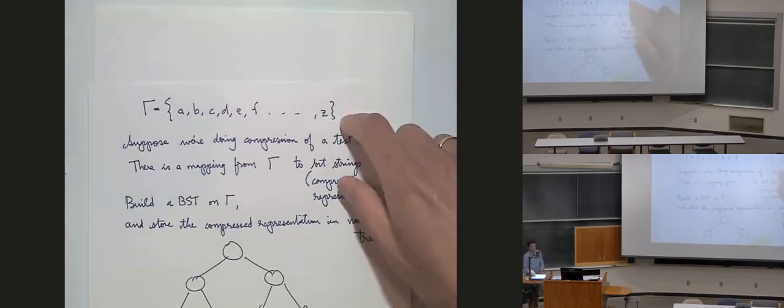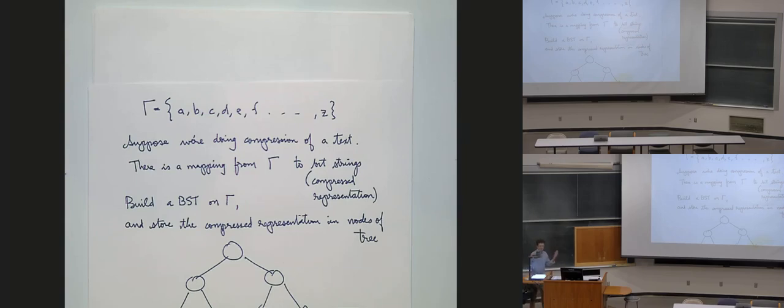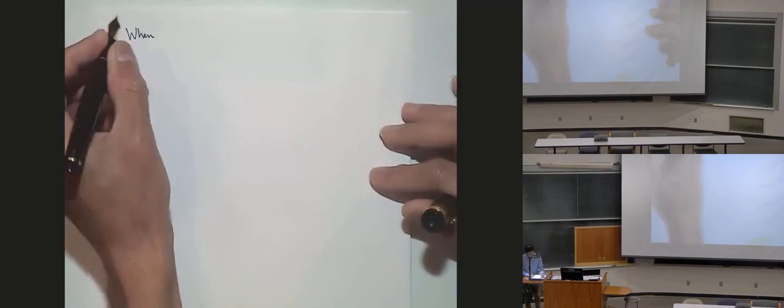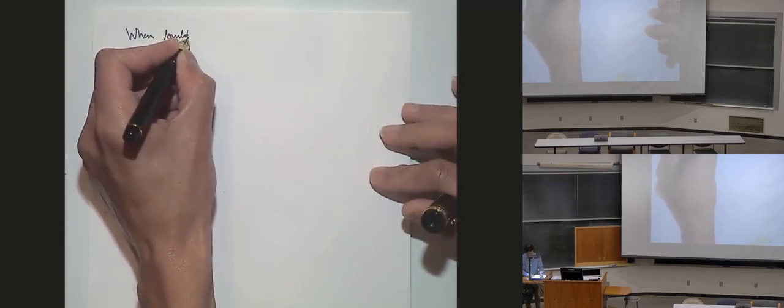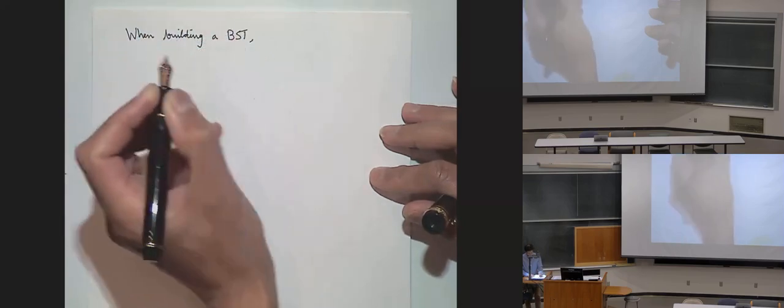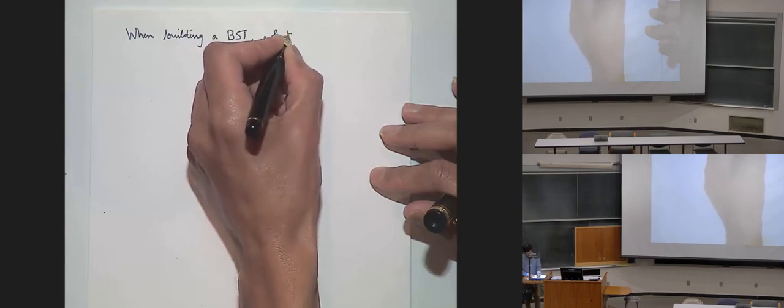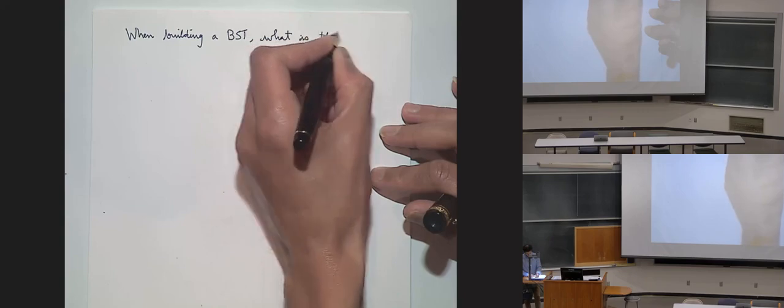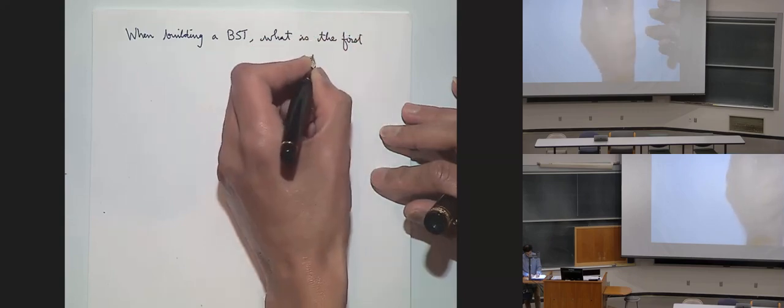Good. So for concreteness, I'm just going to use this as the universe, so that we agree with this example and it keeps things easy. Okay, so when building a binary search tree, what is the first choice?